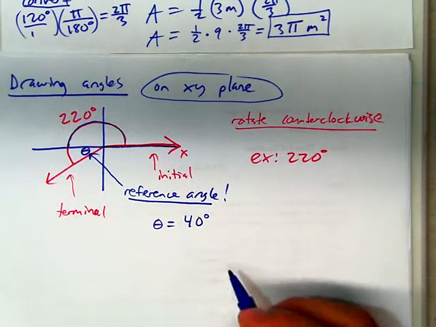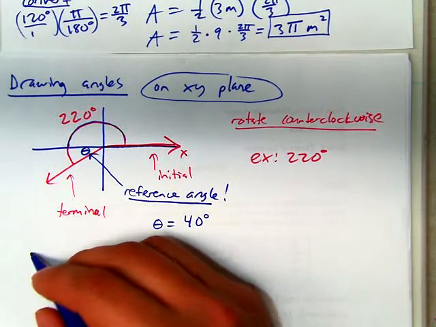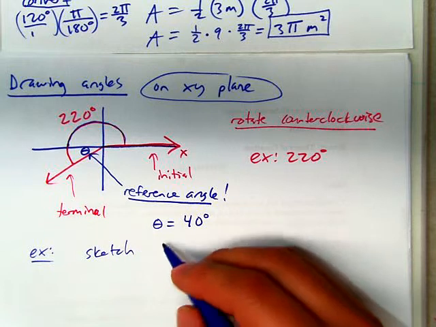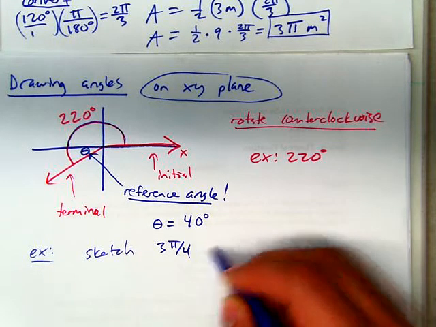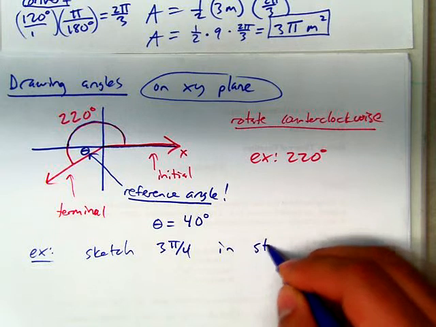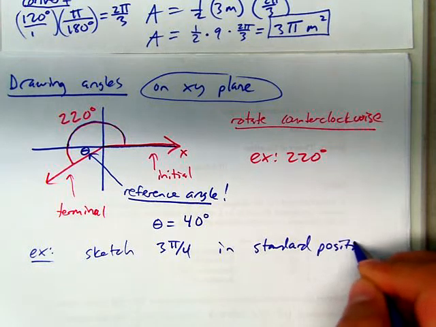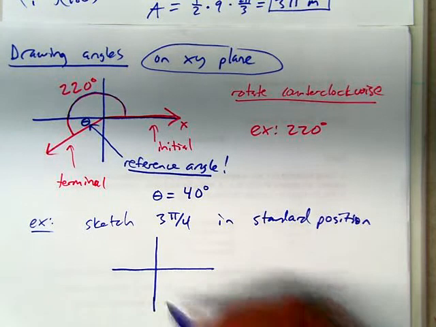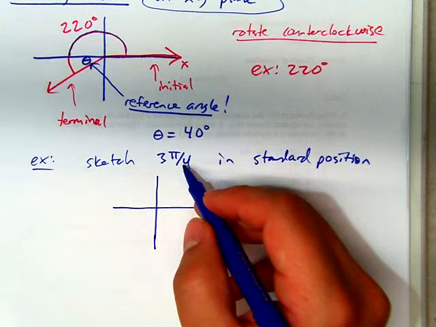You can certainly do this also with radians. So for example, if we wanted to sketch 3 pi over 4 in standard position, if you're not sure where this is, you can certainly convert it to degrees.